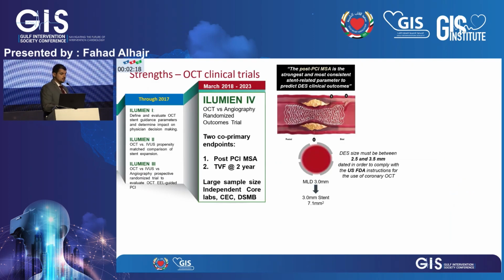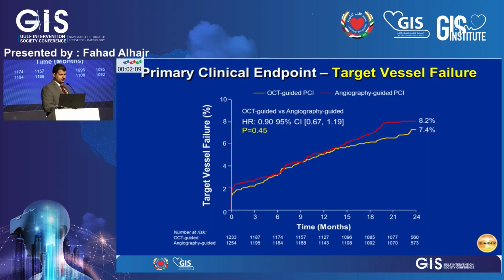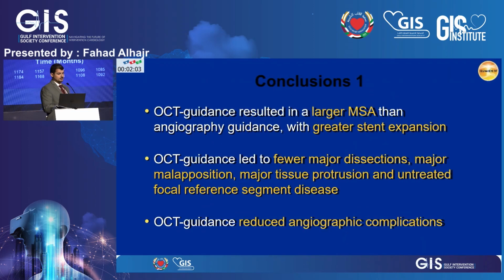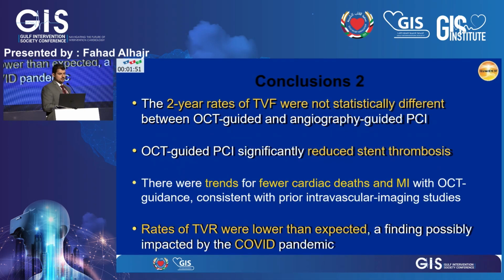I'm not going to go into the details of the ILUMIEN, which was unfortunately a negative trial, at least for the hard endpoint. For target vessel failure, it was a negative trial, basically OCT versus angiography for everybody, including bifurcation. But the conclusion is that we have multiple studies confirming better imaging and stent expansion, but not hard endpoints yet. This is the conclusion at 2 years.